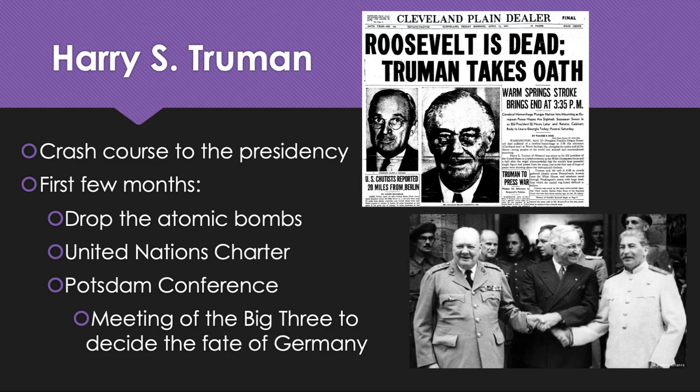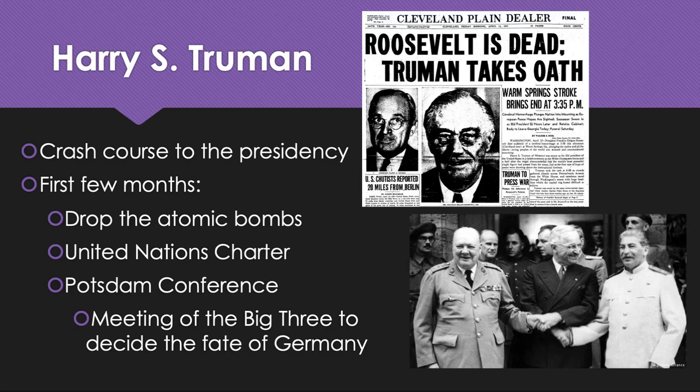In the first few months of Truman's presidency, he's going to have to decide to drop the atomic bombs, go ahead and create the United Nations, and he's going to have to participate in the Potsdam Conference with the leaders of the other Allied forces that had been working with FDR the entire time.